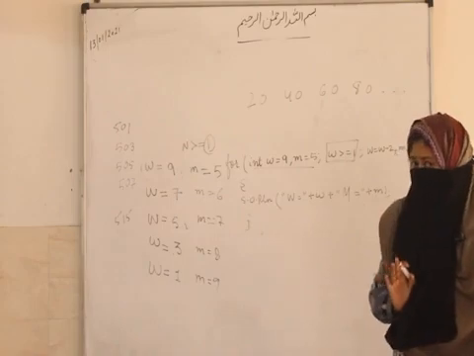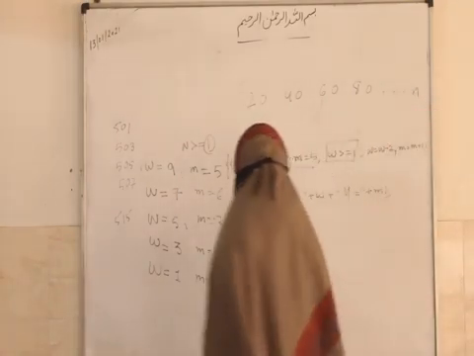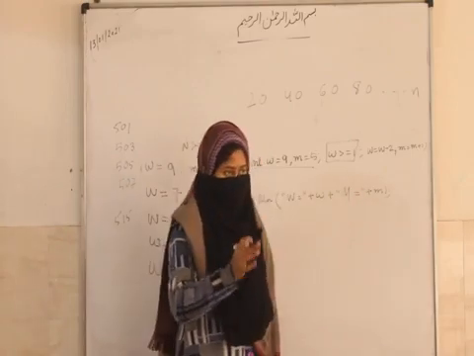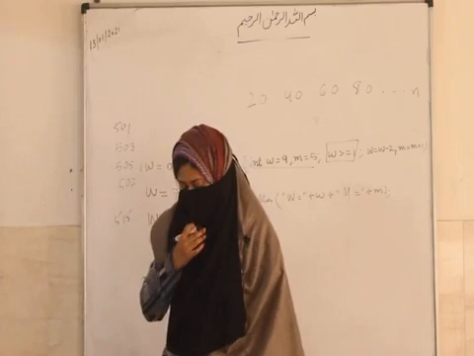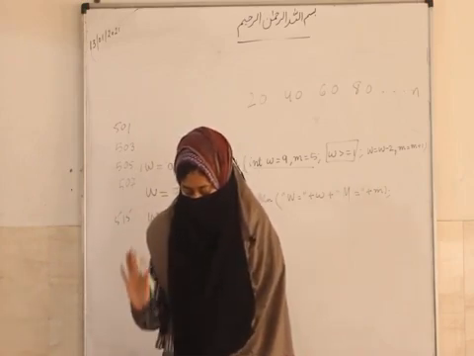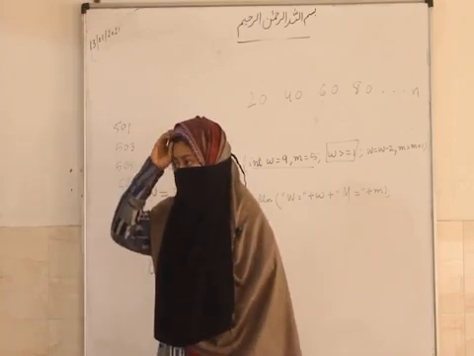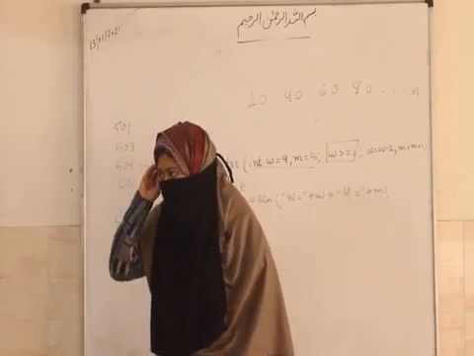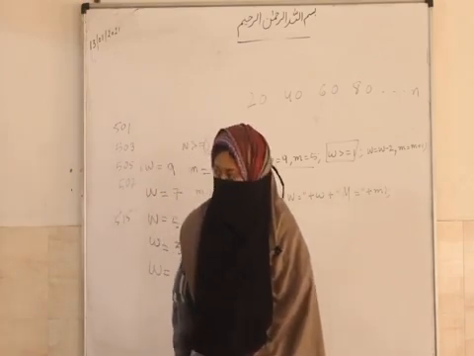How many times? N times. And the value of n is given by the user. That can be 5, that can be 6. Means we have to take the value of n from the user. So we have to use the Scanner class in this. But for that number of times, we have to print these values. How can you do this? Multiplication. N into 20. Yes.